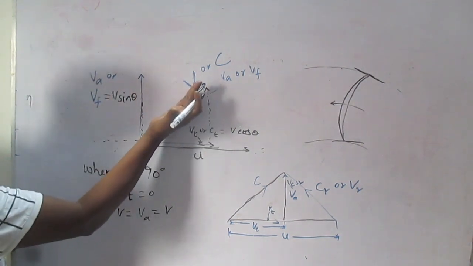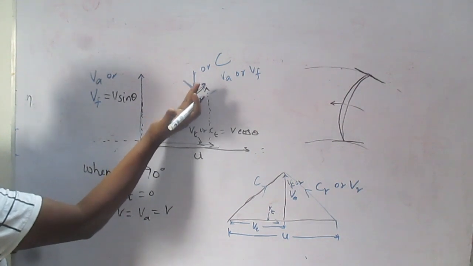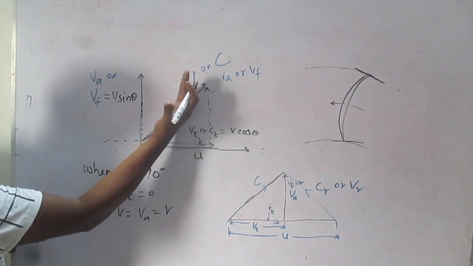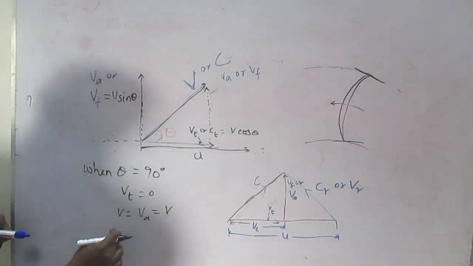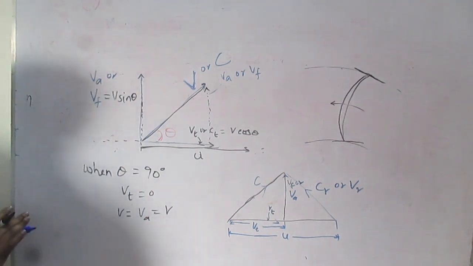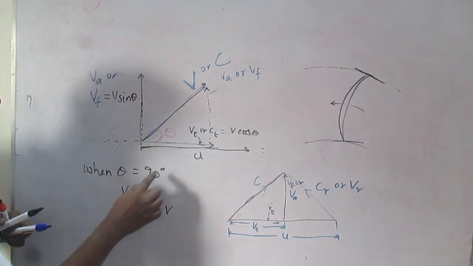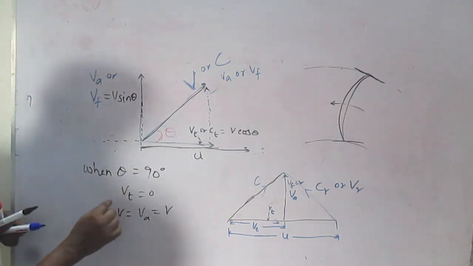When theta is 90 degree, then the absolute velocity becomes vertical, that is axial. It means V equals VA. That is what we have to understand. So in that case, our tangential velocity component is 0. So this is one scenario.